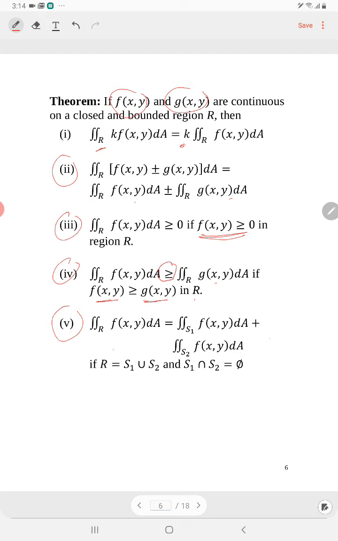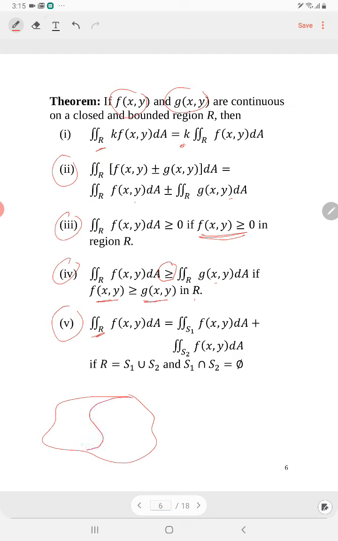So let's say this is region R, and you want to integrate f over region R. You can partition your region R into two regions, or more than that really.